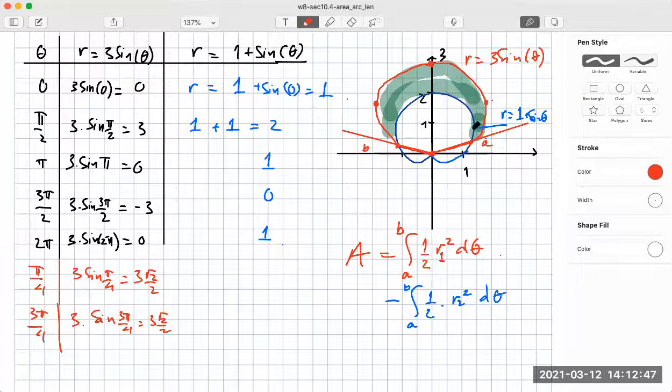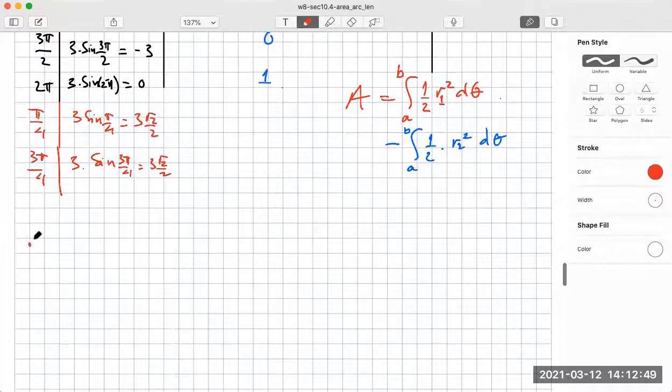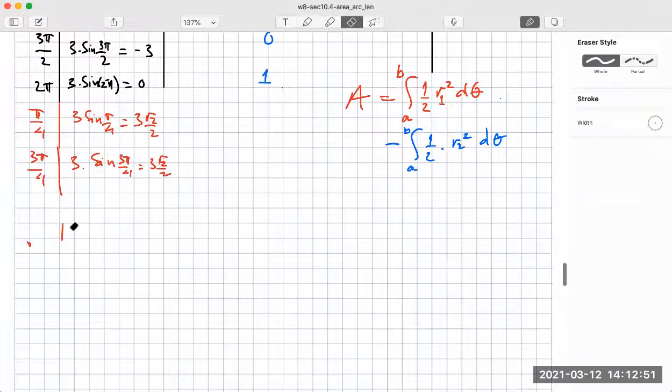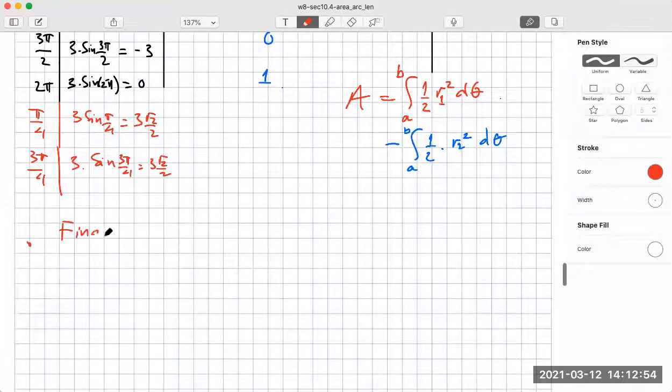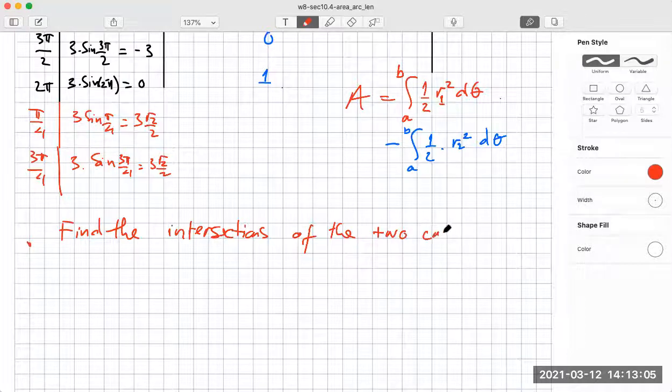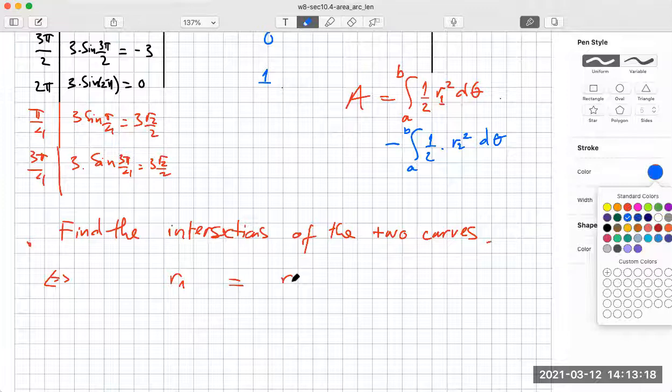It means that let us find the intersection of the two curves. So they intersect, it means that r1 is equal to r2, right?